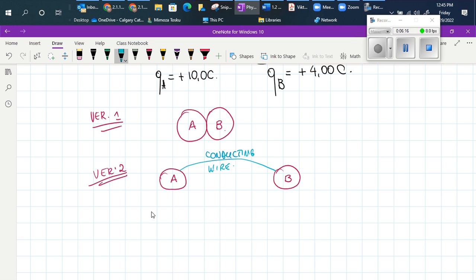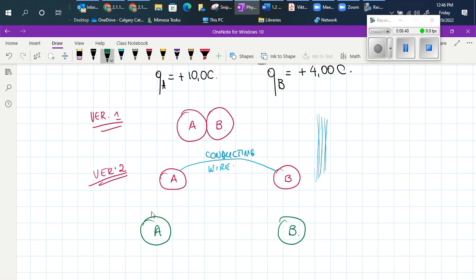Both assume that the electrons will freely move from A to B or from B to A, and then the spheres are placed back at the original positions.